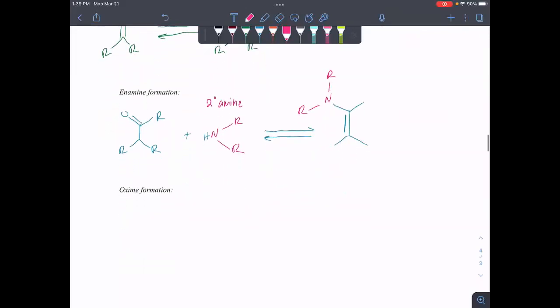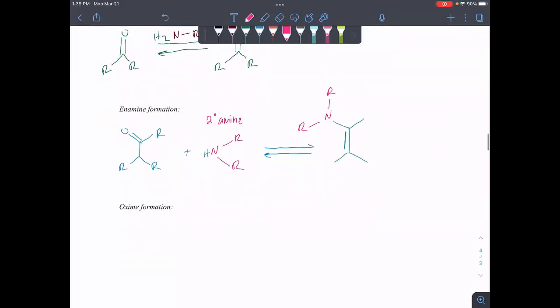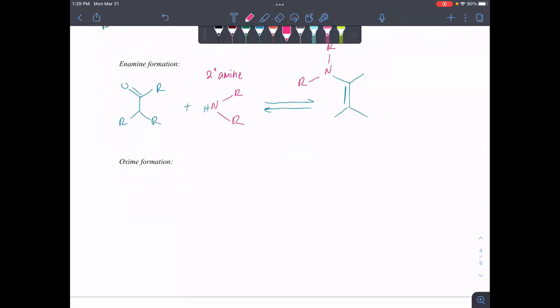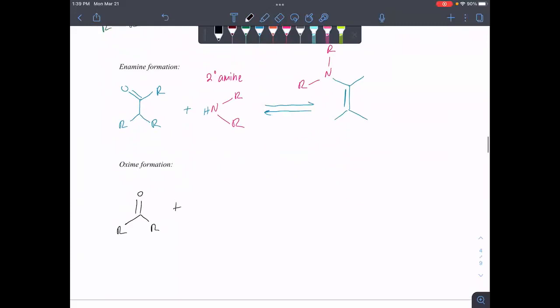Then you can also have an oxime. So with an oxime, you start with something called a hydroxylamine plus an aldehyde or ketone. And then same thing, you just copy and paste the NOH onto the carbonyl.